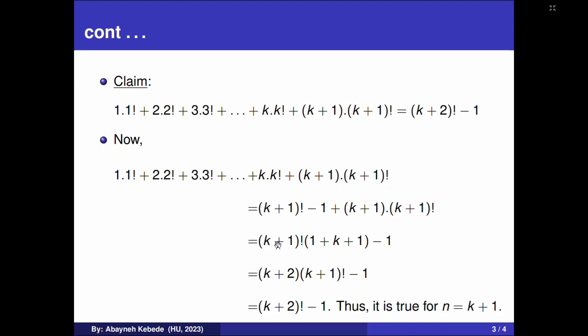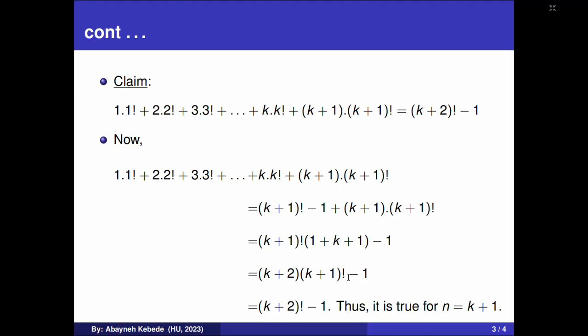So we have (k plus 1) factorial times (1 plus k plus 1) minus 1. This expression 1 plus k plus 1 is k plus 2. So we have (k plus 2) times (k plus 1) factorial minus 1.